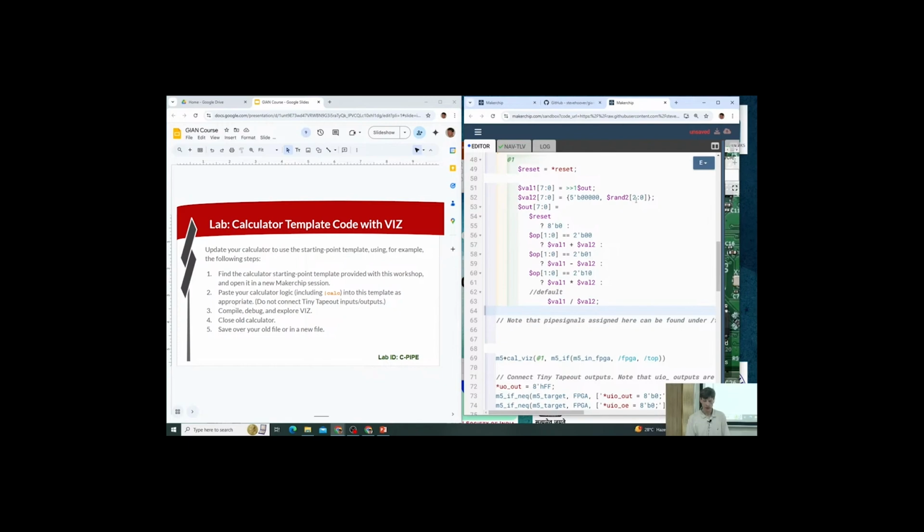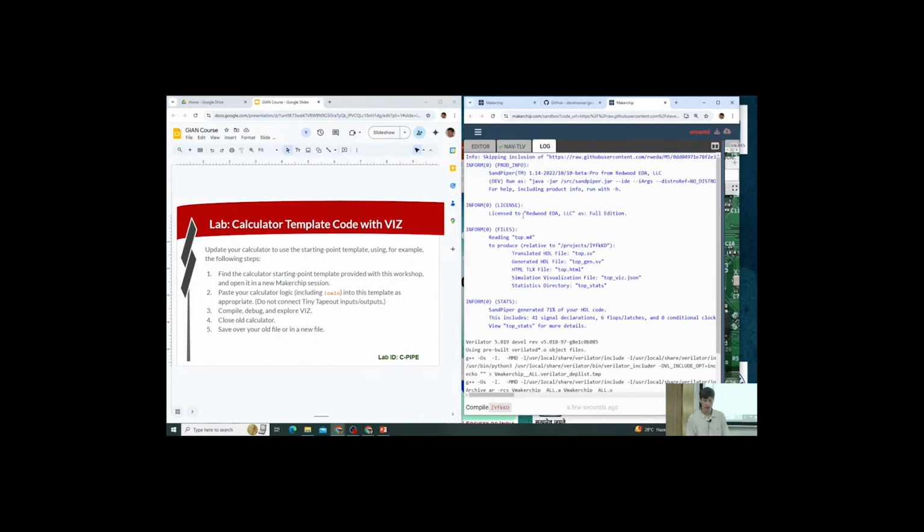Compile, debug, explore. So that should be all there is to it. Compile. Let's see how we do. Looks like everything is clean. The log is clean.